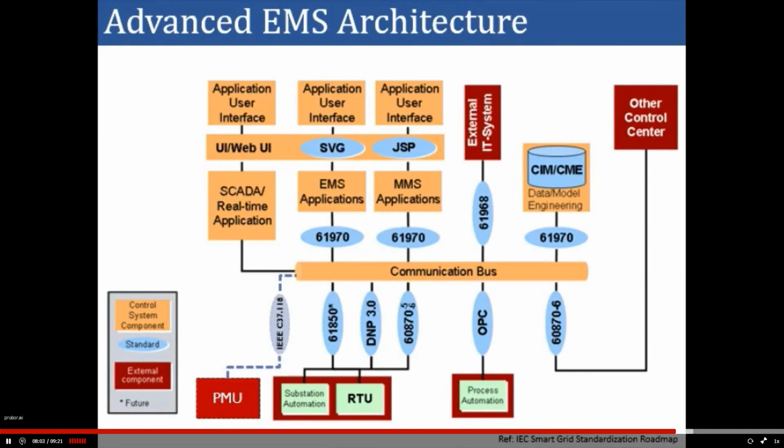Then we discussed the smart grid functional layer, and we saw the advanced EMS architecture, which is part of the smart grid functional layer, and we saw how the data travels from the field via the communication network to the functional applications. So we saw how functional applications absorb the data, process it, and then this information is shared to the business layer.